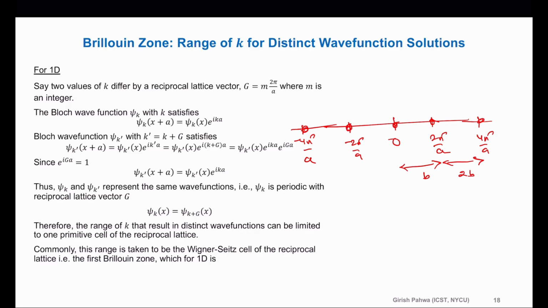What's the Brillouin zone here? The Brillouin zone is the Wigner-Seitz cell. Let's do the geometrical thing. I will focus on one reciprocal lattice point. What are the neighbors? This is the neighbor, this is the neighbor. I make a perpendicular bisector here and a perpendicular bisector here. This is in the middle, so this is minus pi by a, this is pi by a. So this range is my first Brillouin zone.